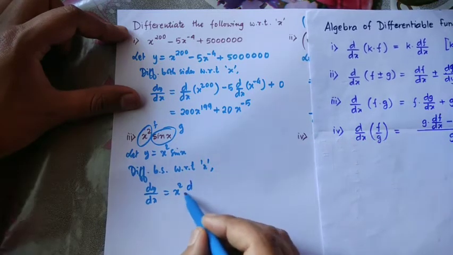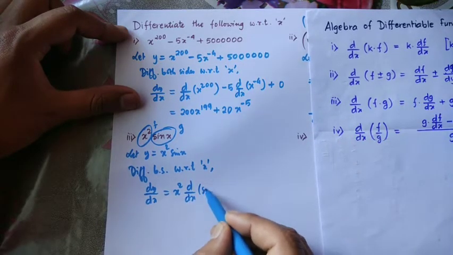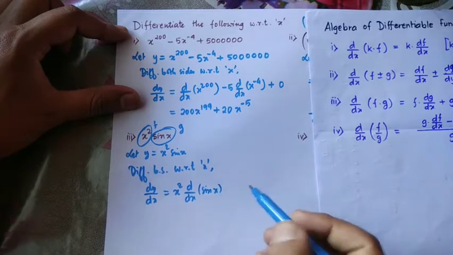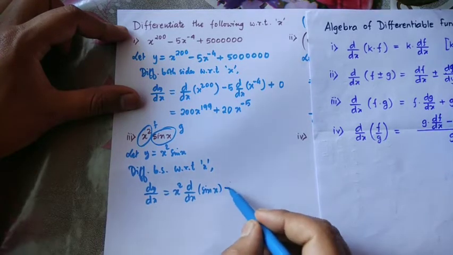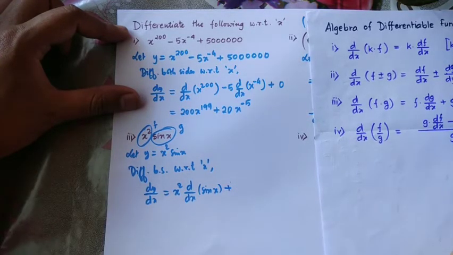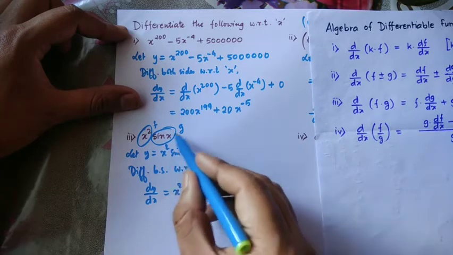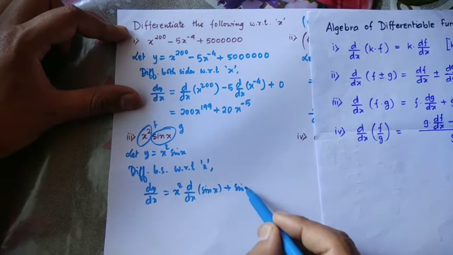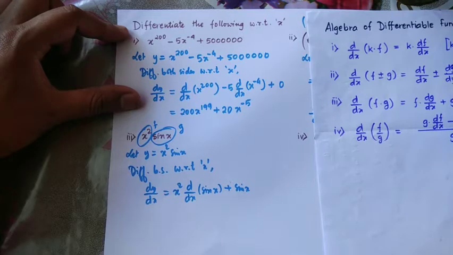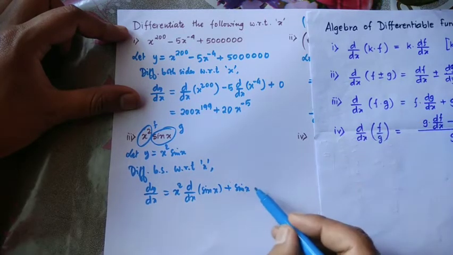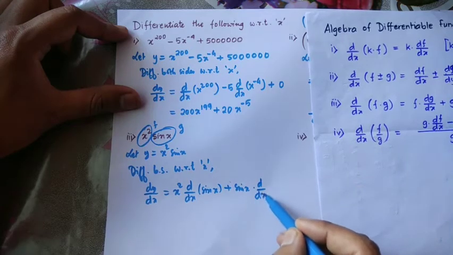So d by dx of sine x. Now you will put a plus sign, and now g will be kept as it is, that is sine x, and I'll differentiate the other one which was kept constant earlier, that is x squared.